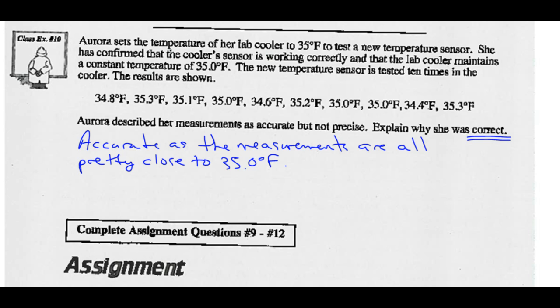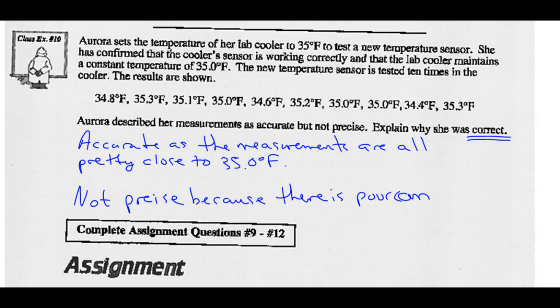We would say they're not as precise. Not precise because there is no consistency, or poor consistency. You get some that are above, some that are below. We're not very consistent with our measurements, but we are pretty accurate. They're all about 35 degrees.